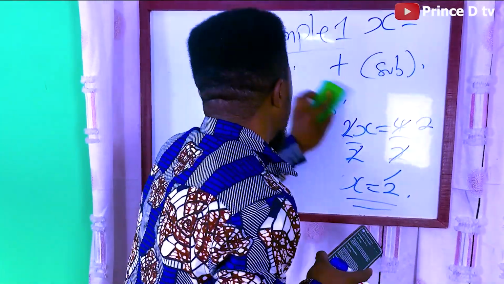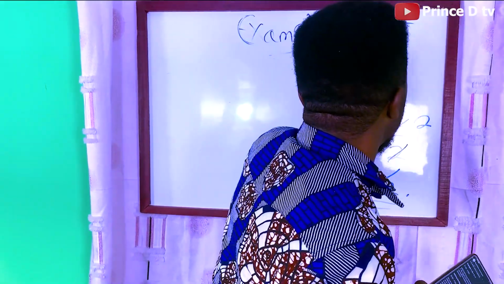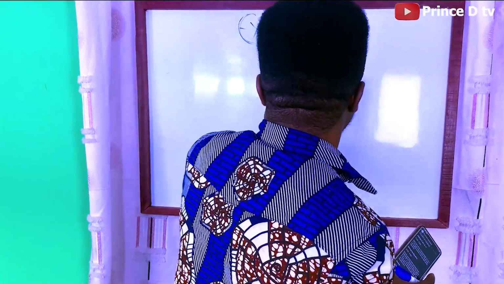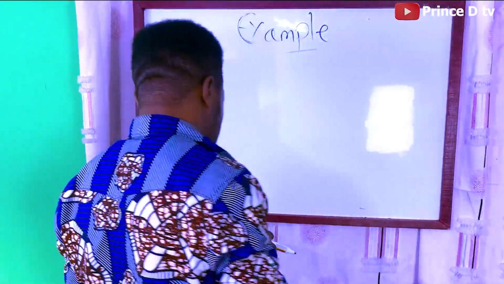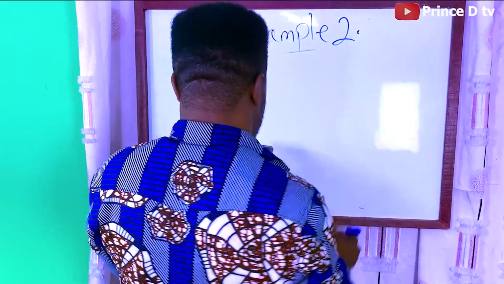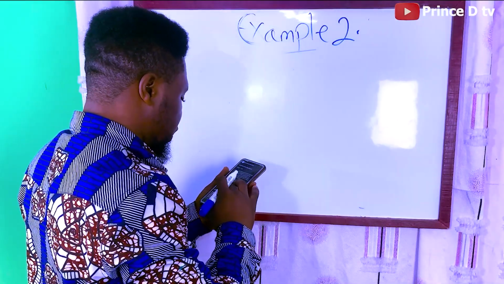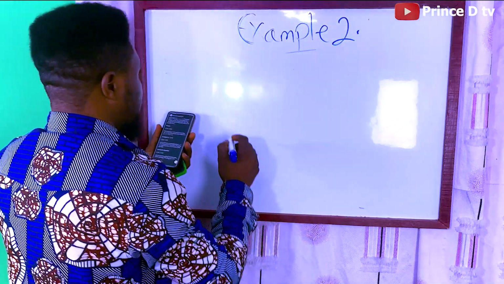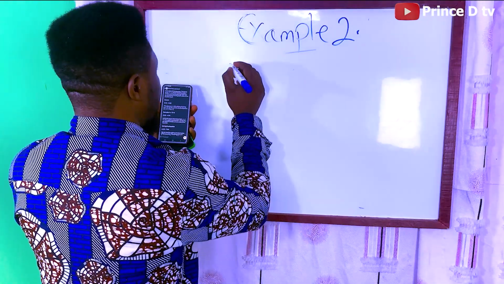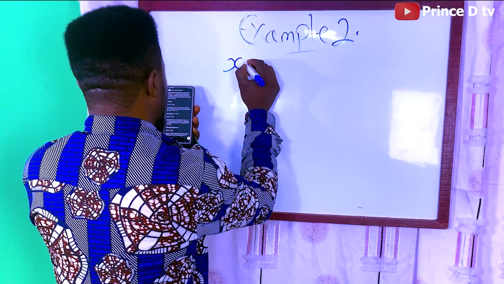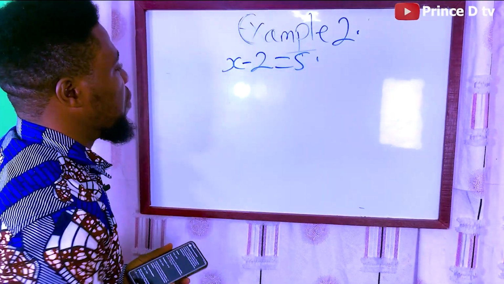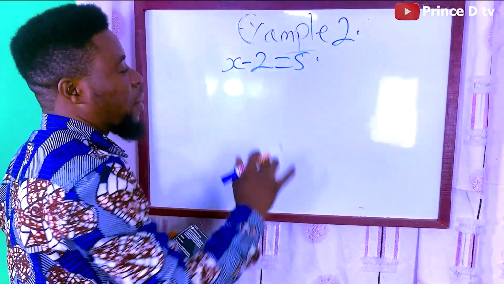So we see how we isolate our x on one side. Example 2, we have x minus 2 equal 5.